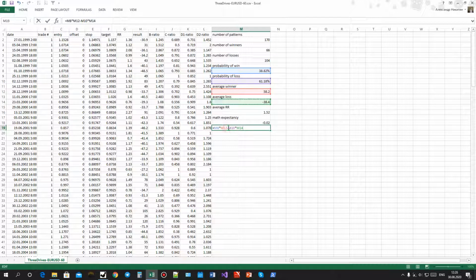In this case not minus but plus, because we have minus here in the average loss. Okay, and it says that in each and every trade we will lose almost 1 pip. 0.9, almost 1 pip will be lost. As I told you, this is a zero-sum game in this case.